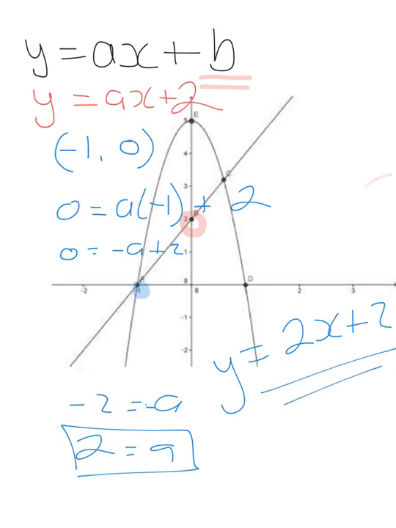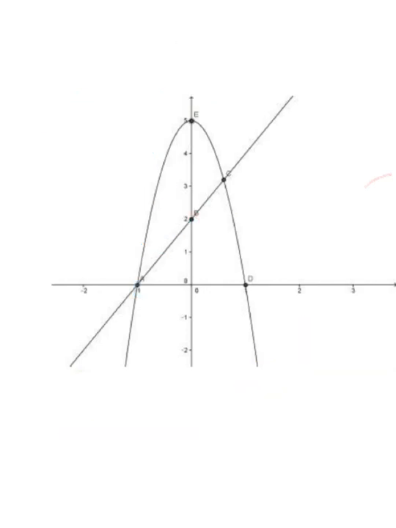Relatively simple. We're going to do the same thing for the parabola. So if we have a look here, my parabola is y is equal to ax squared plus c.